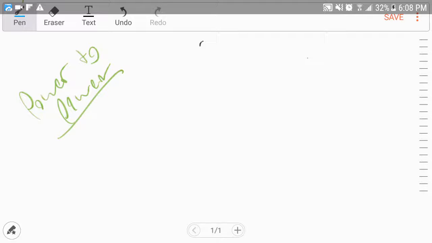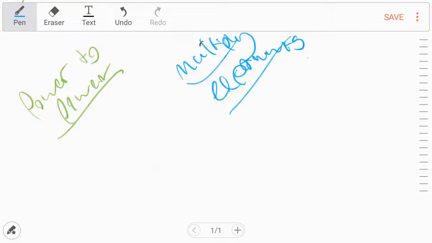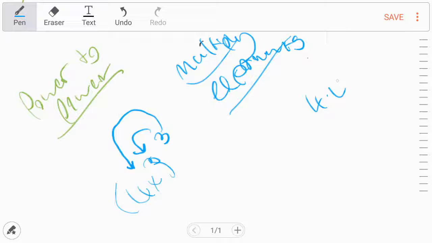Okay, so for power to power, you multiply your exponents. So for example, if I had 4x cubed, you would cube the 4, so that's 4 times 4 times 4, 16, 64.